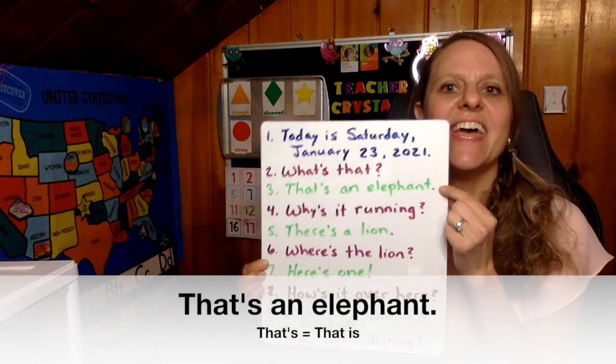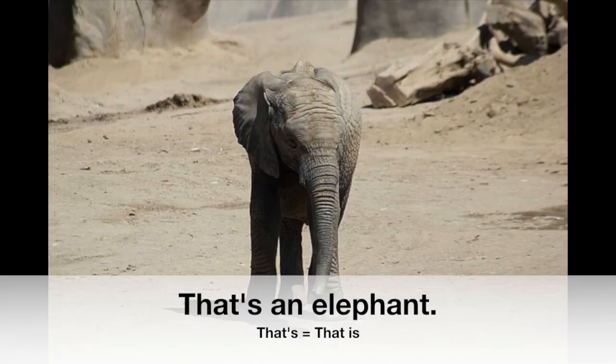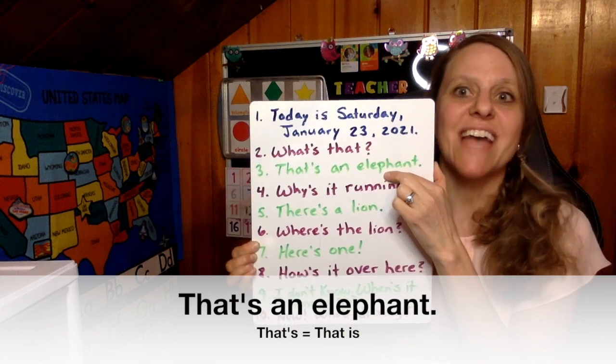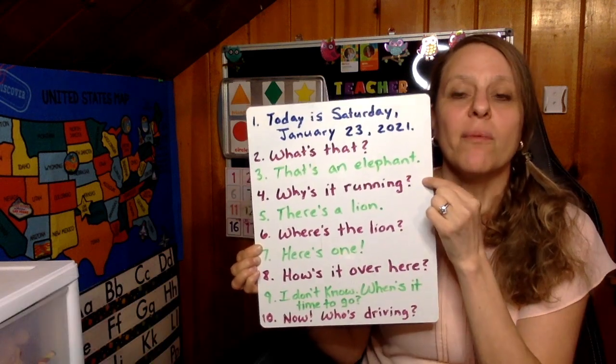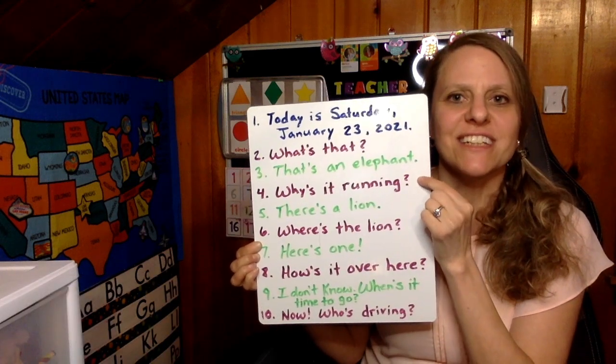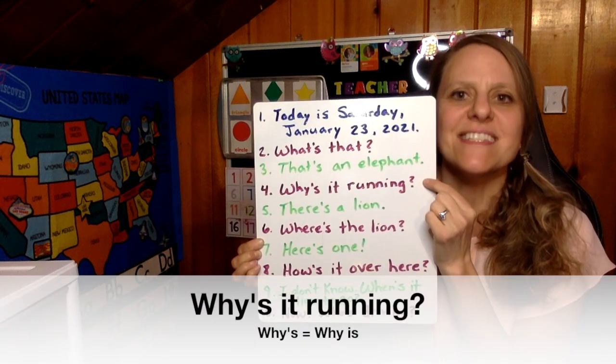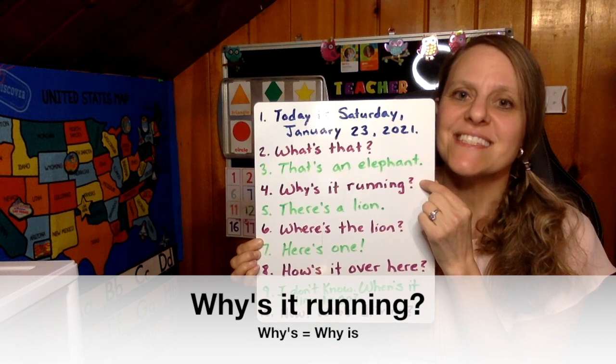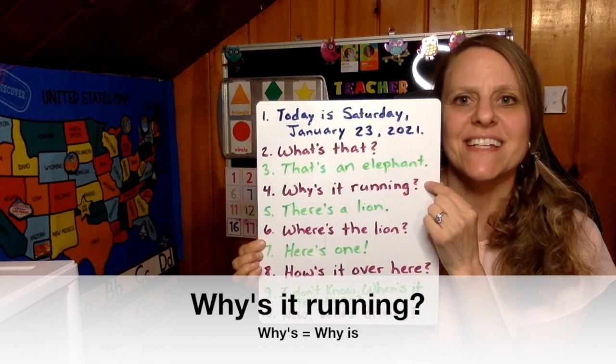That's an elephant. In English, the PH makes an F sound. Number 4 is another question. Why's it running? Why's is for why is.